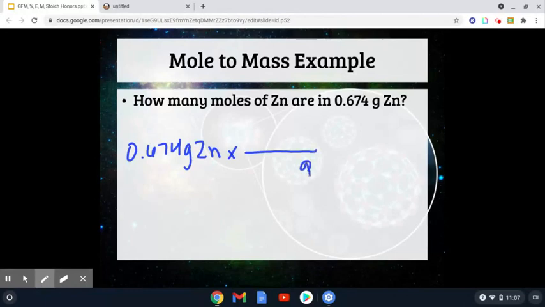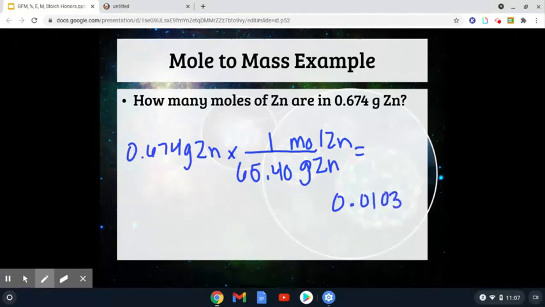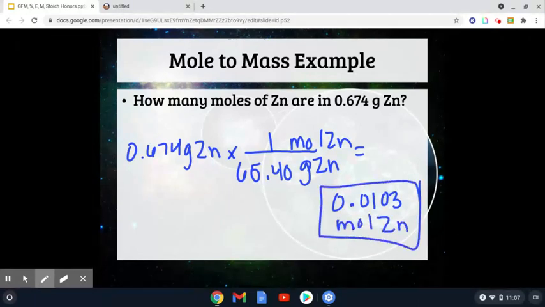We want to cancel grams of zinc, and we want to be left with moles of zinc. 1 mole of zinc, again, in this conversion factor, your moles are always going to be 1. 1 mole of zinc is equal to the gram formula mass of zinc, which is 65.40 that I got right from the reference table. This would give you 0.0103. I want to do 3 sig figs moles of zinc. That would be your final answer.